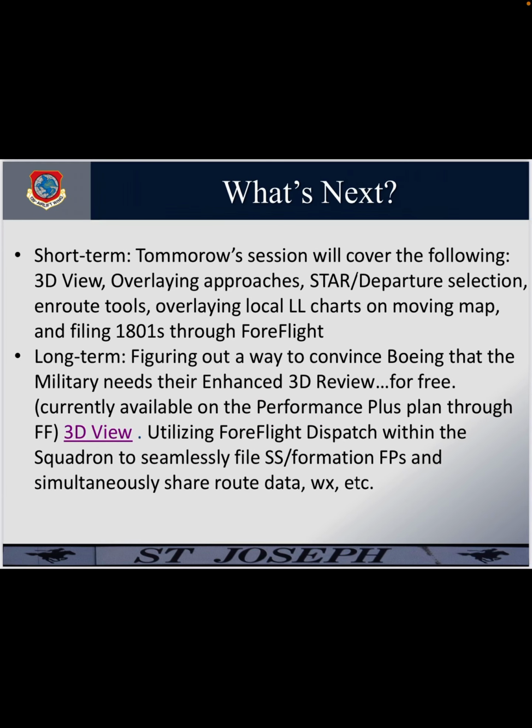So tomorrow's session, I'm going to cover some 3D views and how we can use that as a pre-flight planning and in-flight visualization tool, overlaying approaches, STARs, departure selection, some tools that I use in or out that are pretty handy, and then overlaying local low-level charts onto the moving map and how we can use those for all of our local flights. And then filing 1801s through ForeFlight. That is kind of a big hurdle that we have to figure out. I think there's a lot of opportunity to streamline that a little bit, but we'll get there.